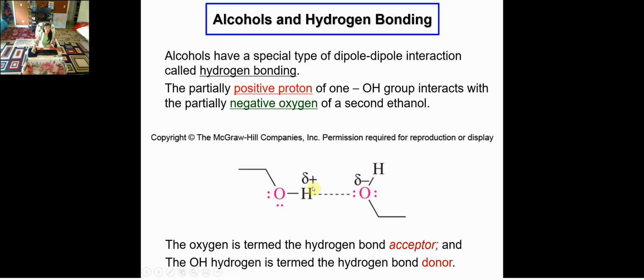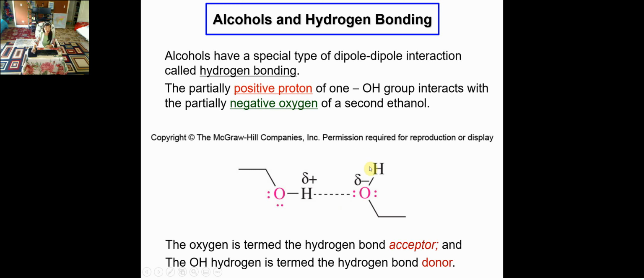This partially positive hydrogen is going to be attracted by the partially negative oxygen. So between these two molecules you form a hydrogen bond. You use the dashed line to represent intermolecular forces, and a solid line to represent the covalent bonding.